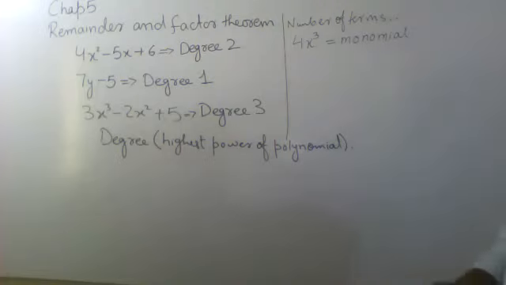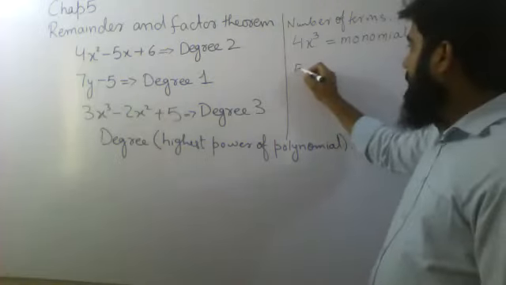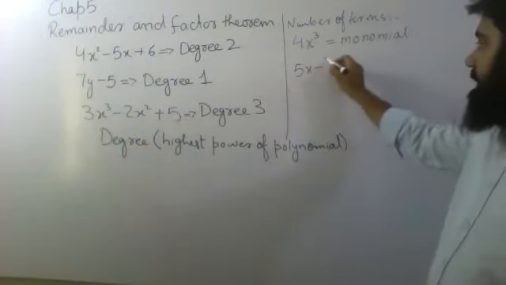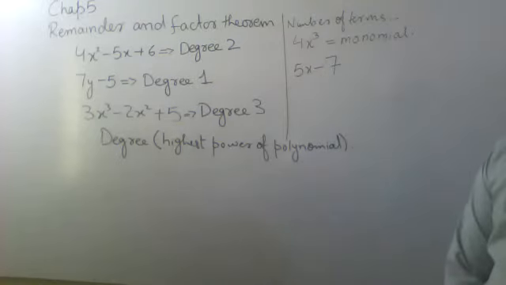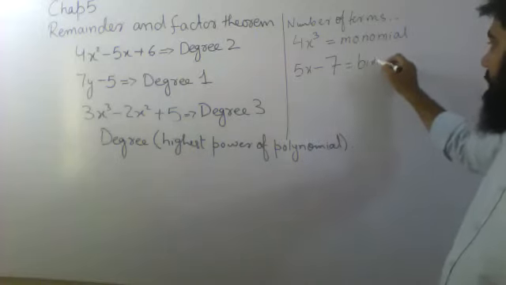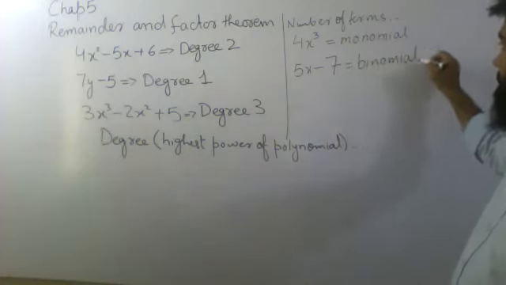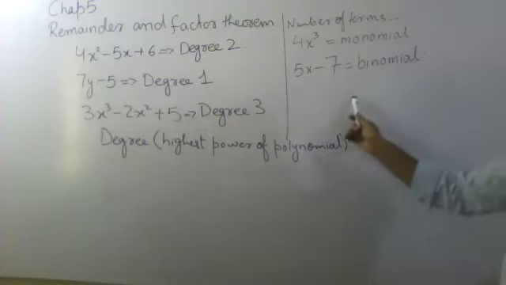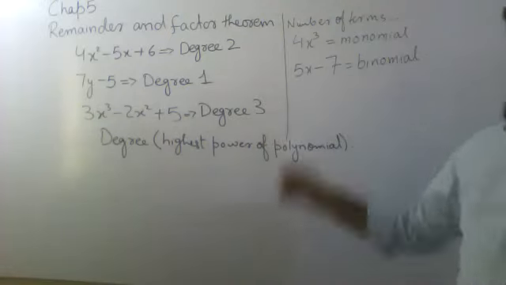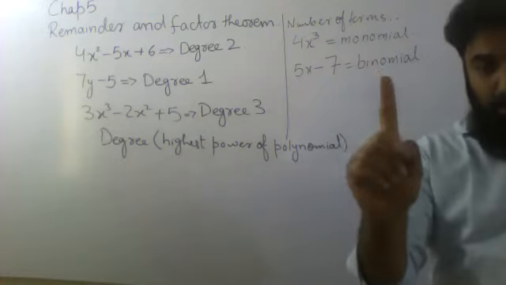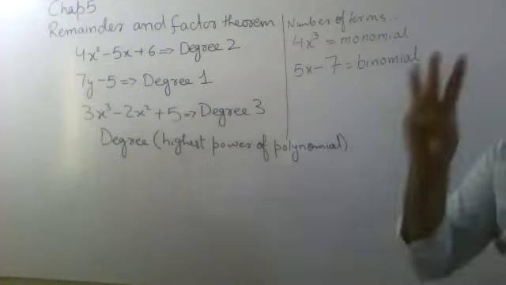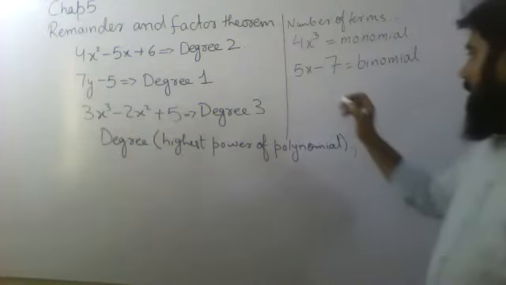Okay. It has nothing to do with the power. If I'm saying, let's say 5x minus 7, I can't simplify it further. So this is a binomial. This is a binomial polynomial whose degree is 1. A monomial polynomial whose degree is 3.